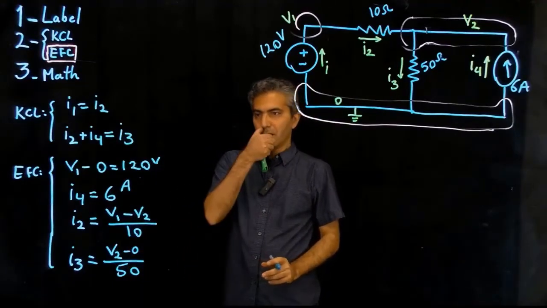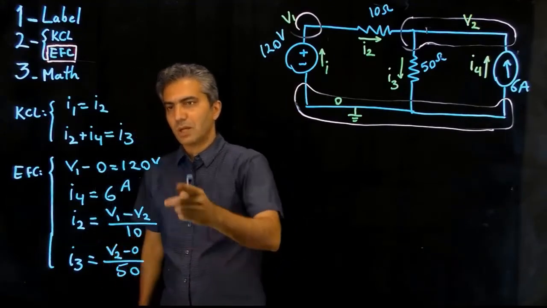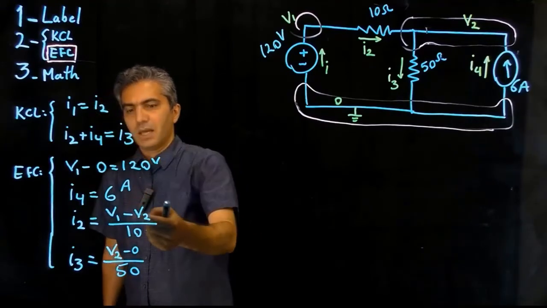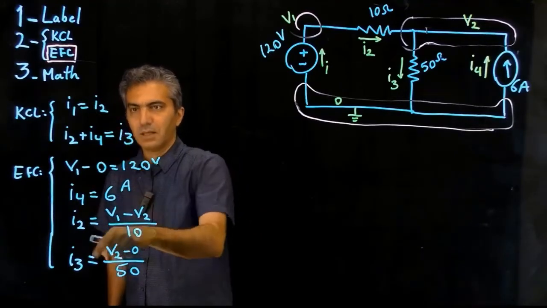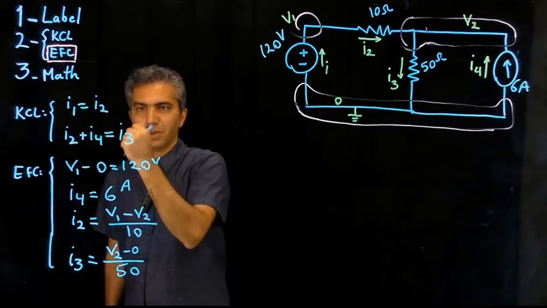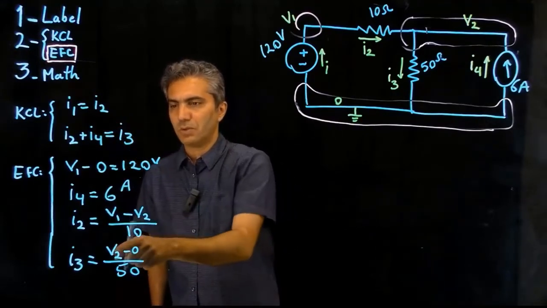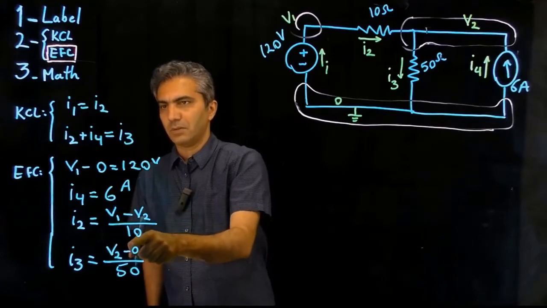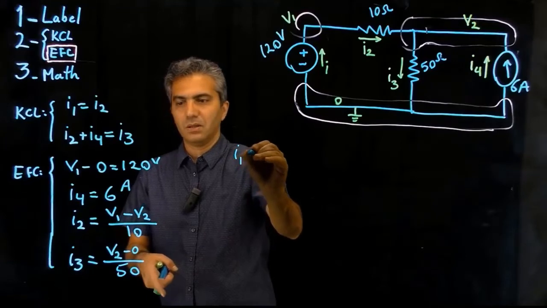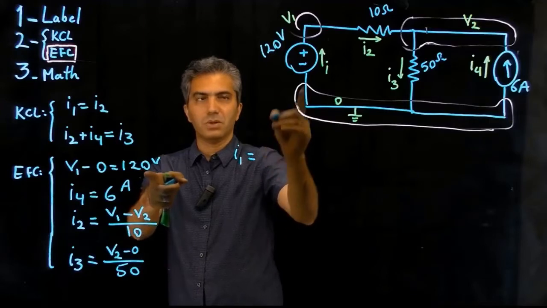So from this point on, all we need to do is to do the math. One approach is to take all the equations for components and use KCL and combine the two by taking all the current values in terms of voltage and put them in that. So I1 being equal to I2, we can actually do it and take I1 is equal to, now I2 is a function of V1, which is 120 volts.